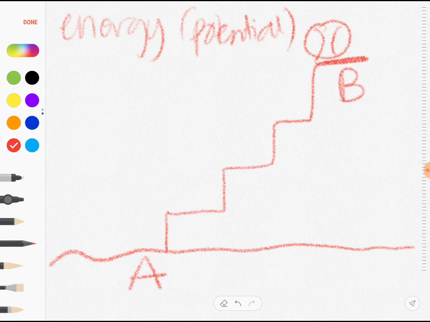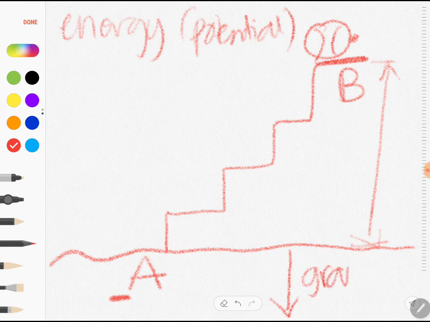Okay, so due to its location from the ground, the ball will have a greater potential energy at position B because of its height. And it will have a lower gravitational potential energy at position A because it is closer to the ground.